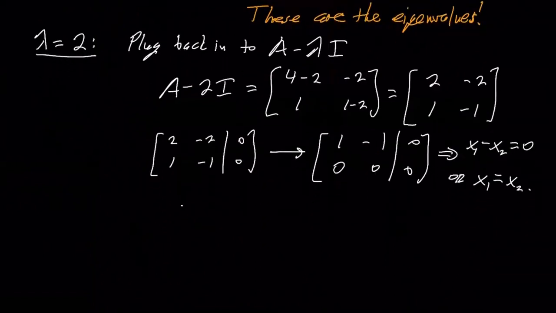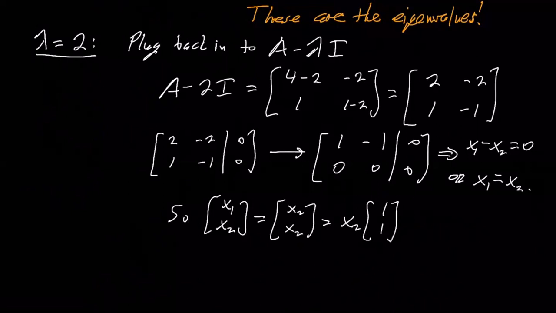So x2 is the free variable, so it's x2, x2, which is x2 times 1, 1. So 1, 1 is an eigenvector with eigenvalue 2.